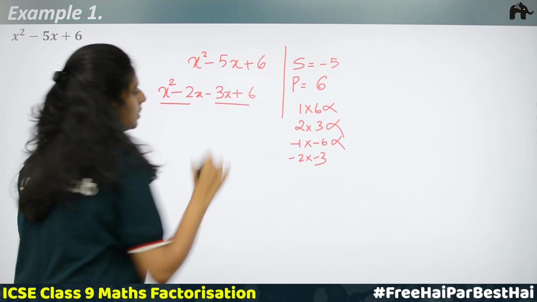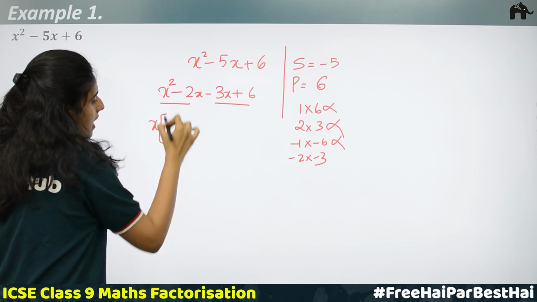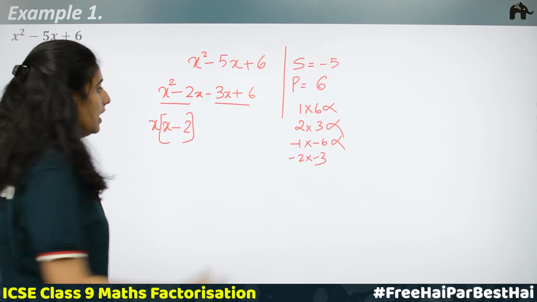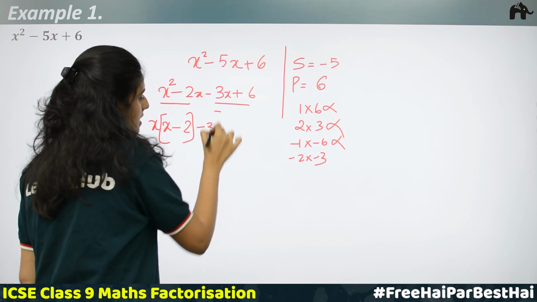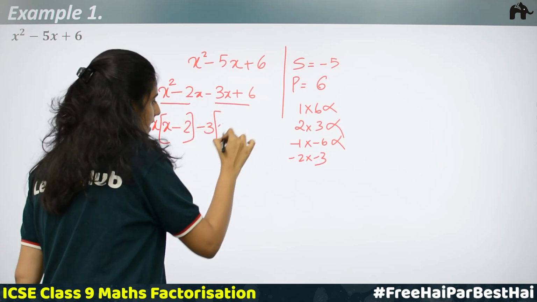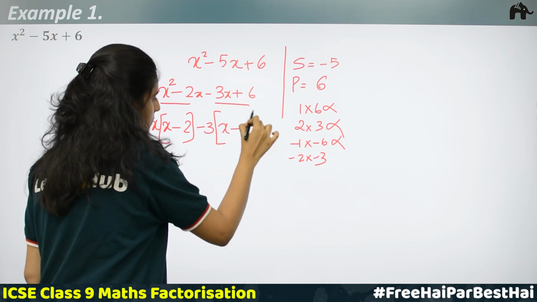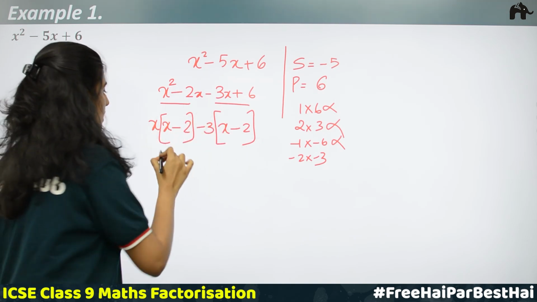Now grouping. Okay. From here what is common? X is common, taking out x, remaining x minus 2. Here what is common? Minus 3 can be taken out. When minus 3 is taken out, x minus 3 into minus 2 is plus 6, minus 2.